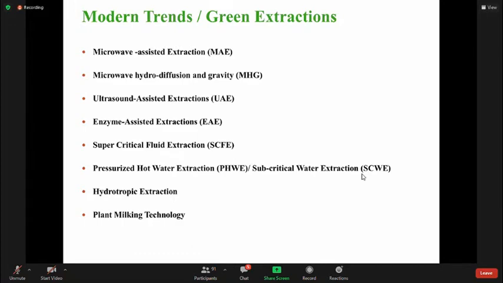Another green extraction process is known as hydrotropic extraction. And last but not least, another very important emerging technique is the plant milking technology. So I would like to give a brief overview of these methods, and we will also include some of the recent research which we are carrying out in our research group.